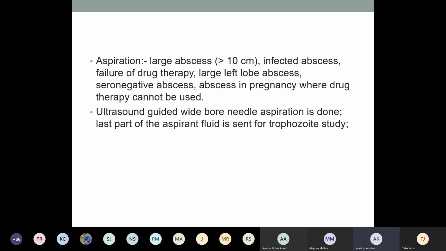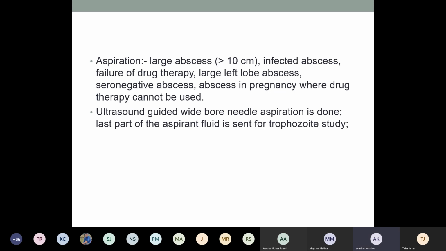Coming to some surgical or interventional modalities of treatment of liver abscess. Abscess cavity more than 10 centimeters, secondarily infected abscess, failure of drug therapy, large left lobe abscess, and abscess in pregnancy where the drugs cannot be used are typical indications for aspiration.